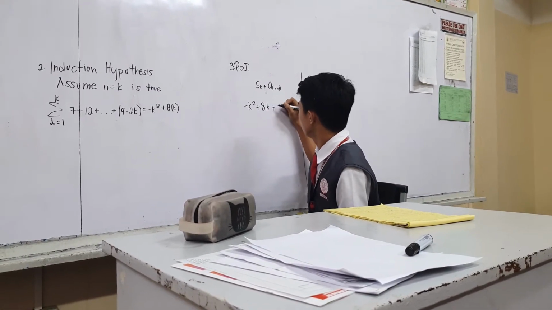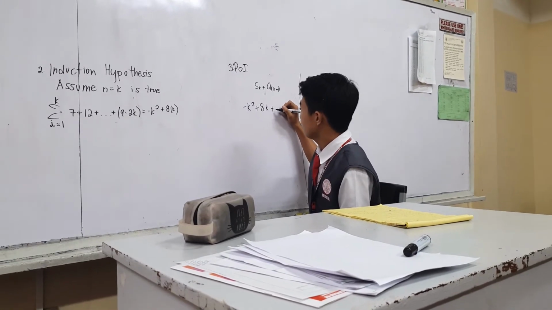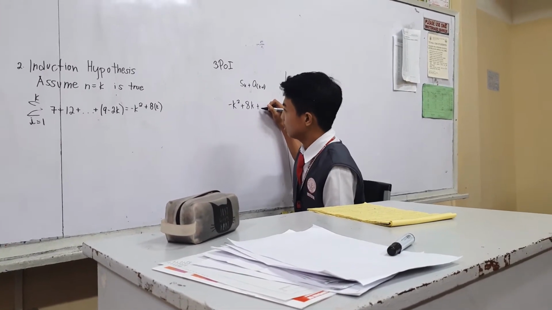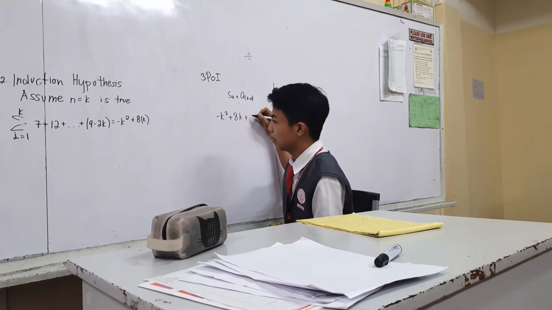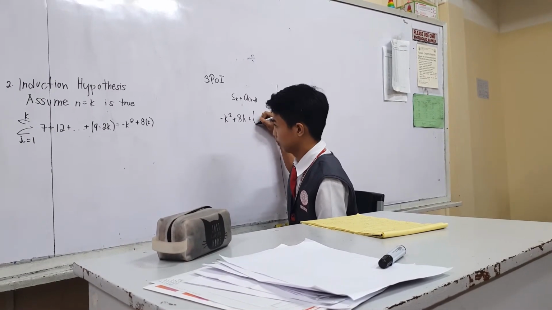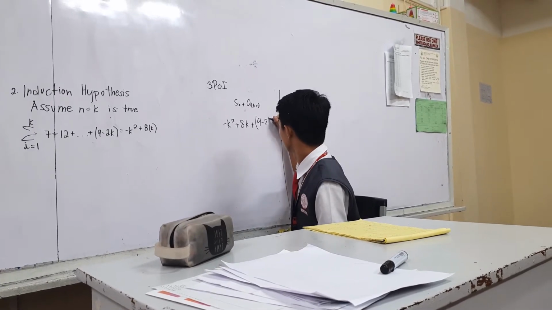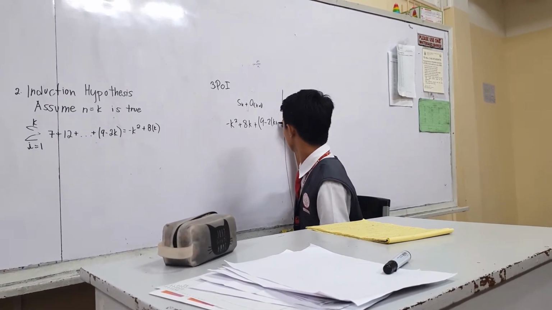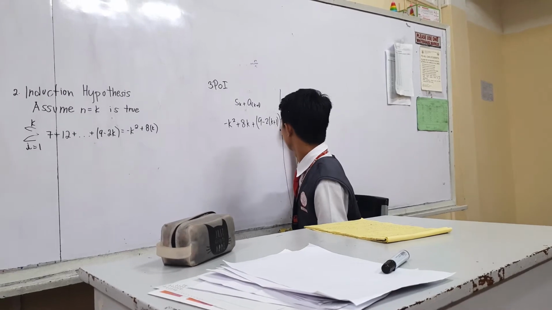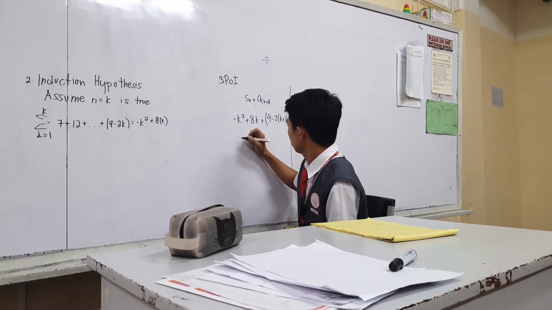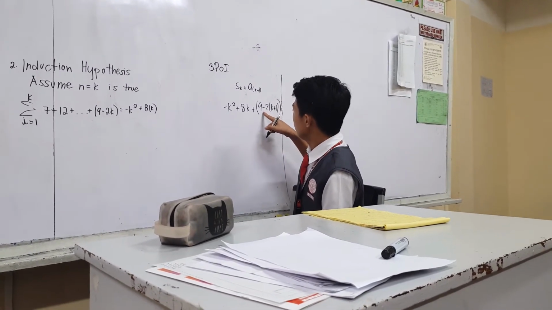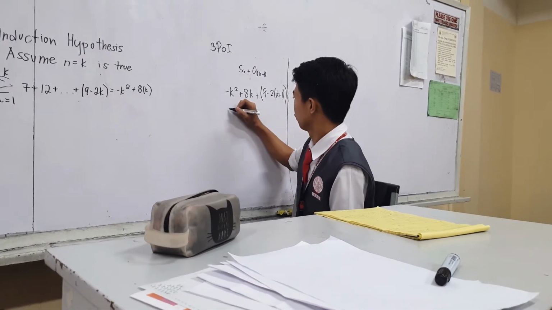Then, we will add the A sub k plus 1 with the k substituted with k plus 1. First, we will distribute the negative 2 to k plus 1.